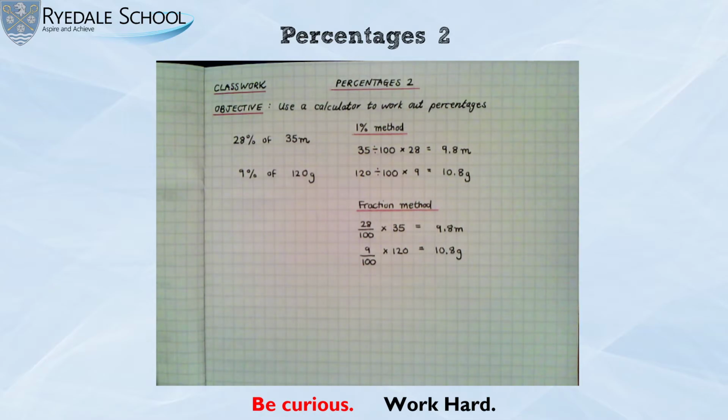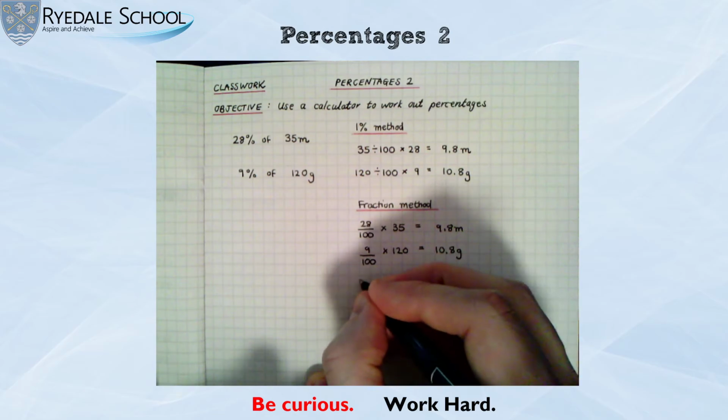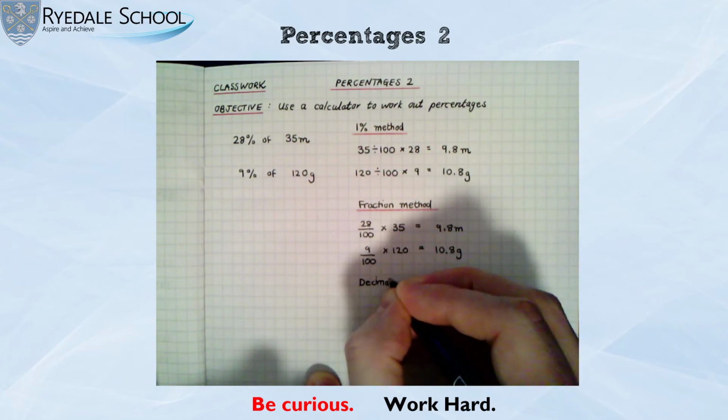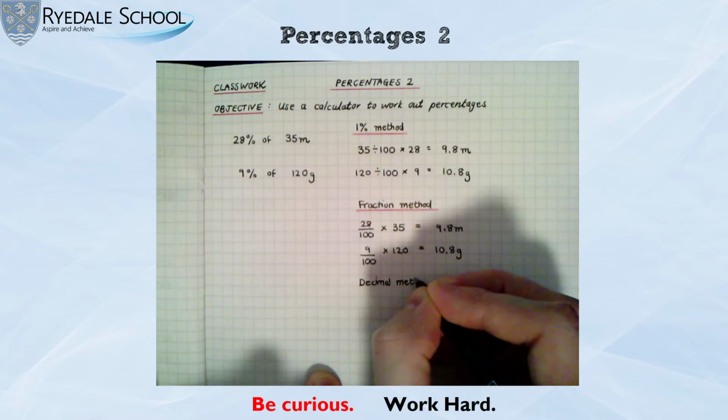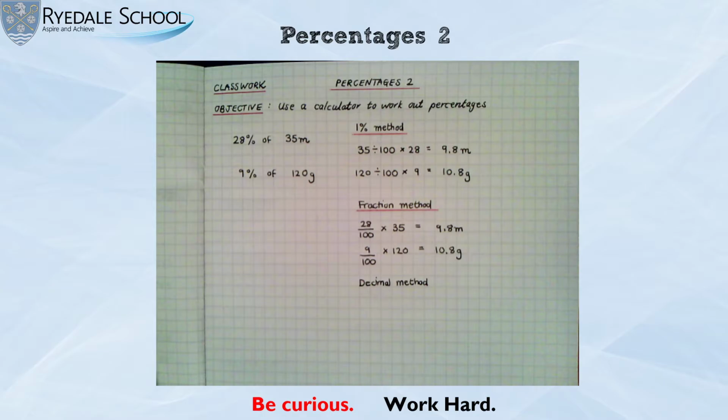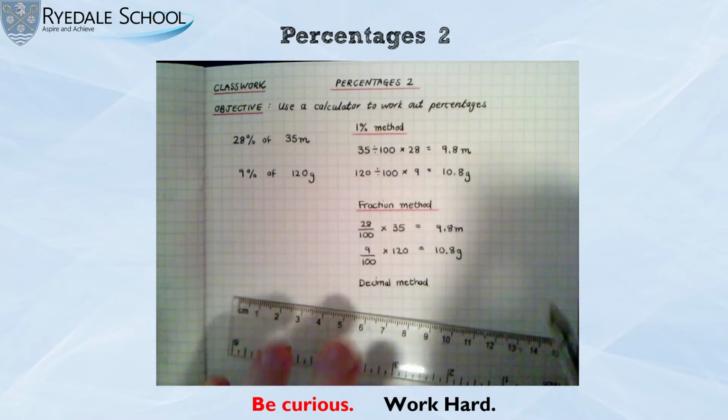Now, neither of those methods are my personal favourite method. Okay, my favourite method is called the decimal method. And I want you to see, as we're working through this, can you try and decide why you think this might be my favourite method?